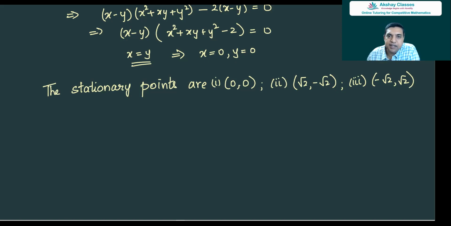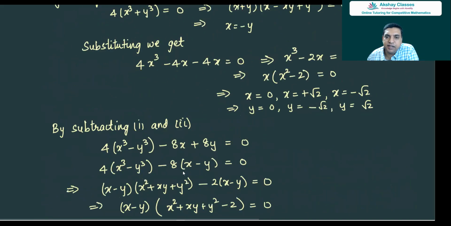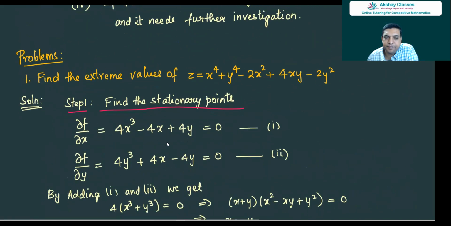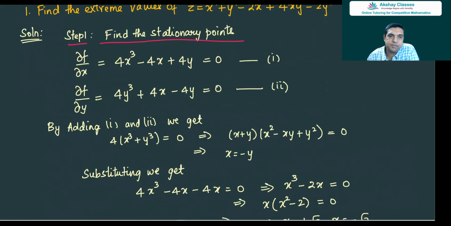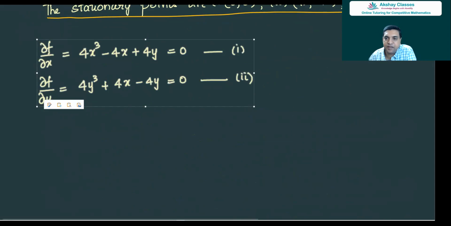Okay. So at these stationary points, we have to find R, S, T. So let us find the second derivative. So this is the first derivative. Second derivative, let's do.